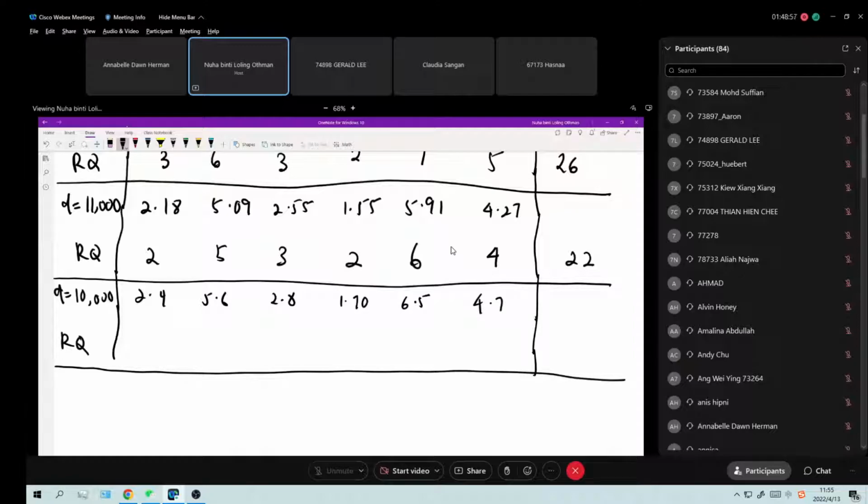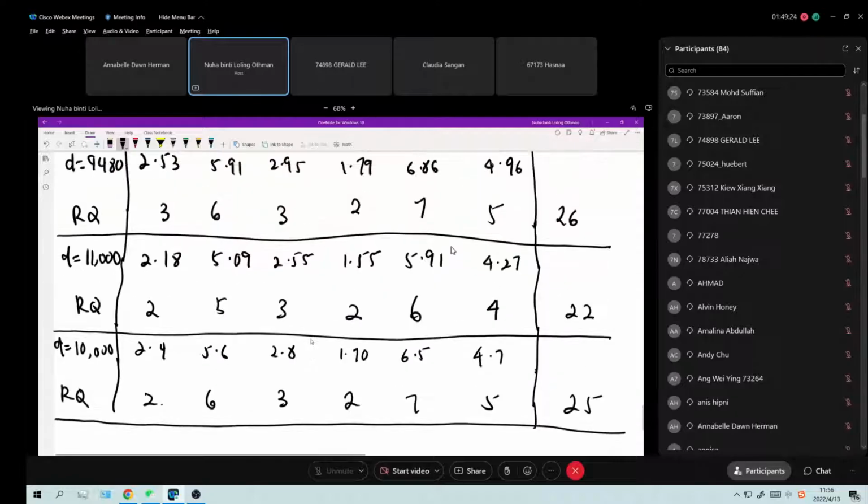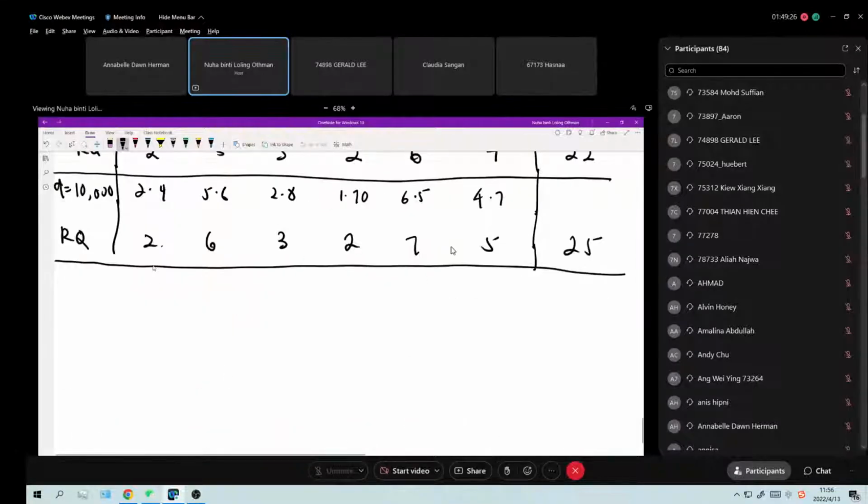So based on this, D equal to 10K, this one will be 2, 6, 3, 2, 7, and 5. This gives you 25. So the correct apportionment for these six states using the Webster method is 2, 6, 3, 2, 7, and 5. So this is the Webster method.